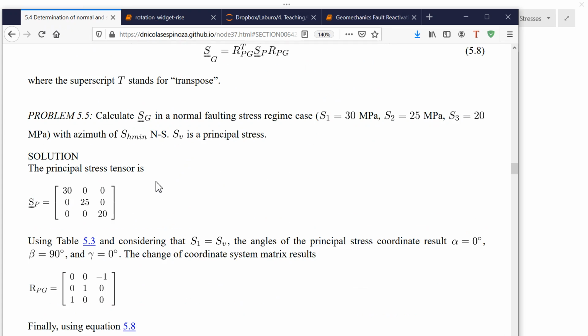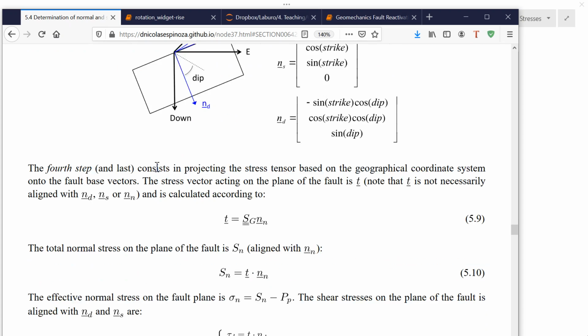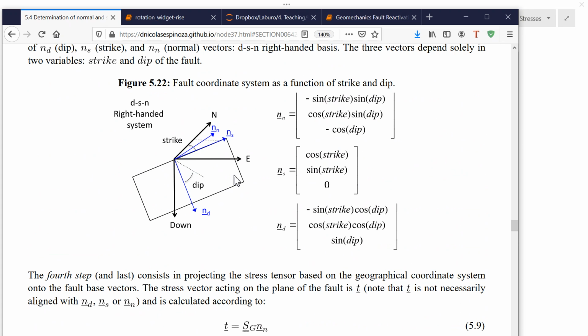We want to do this because we're going to relate, as I was telling you before, this stress system to the system of the fault. And for the fault, we're also going to have another coordinate system, which is the system composed of the vectors that are normal to the fault.